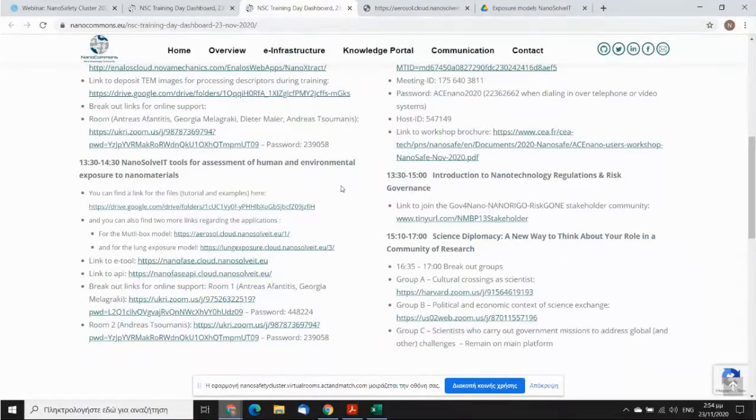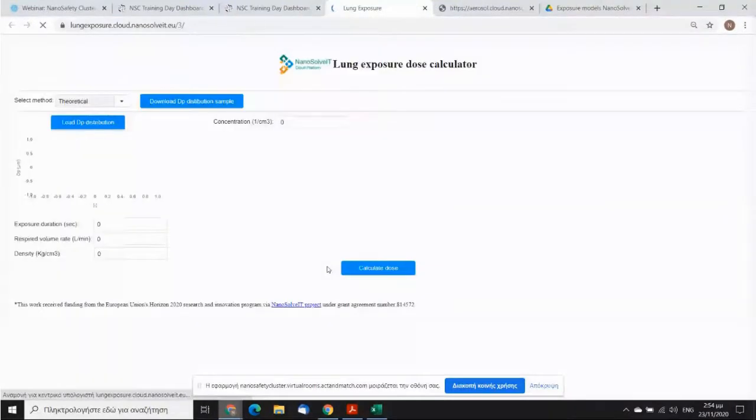Thank you very much. Now, for our other application, we have created this lung exposure dose calculator. This is something that we are working on, and some things will be a little bit different.